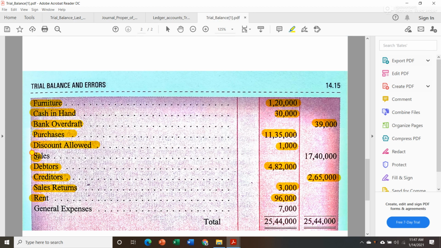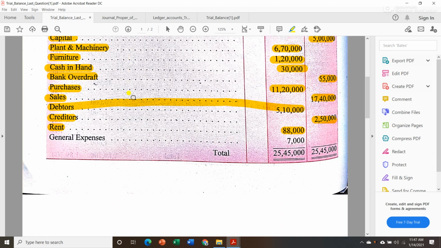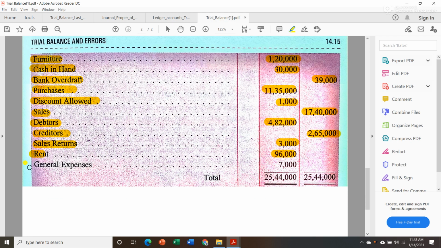And then the last one, general expenses, showing a debit balance of 7,000. After that you can total both the columns and you can see both sides are the same. Now this is the first method.